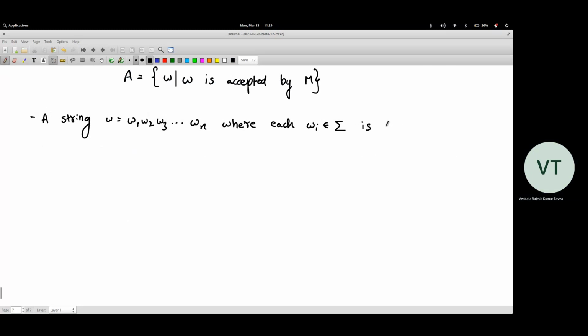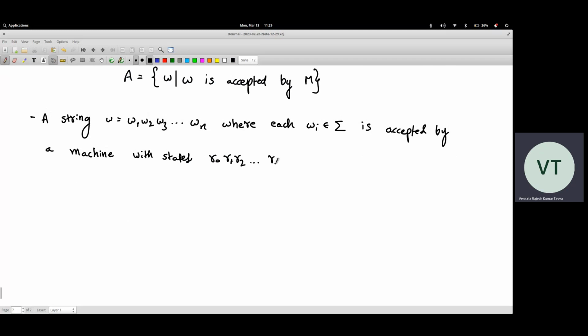Such a string omega is accepted by a machine with states R0, R1, R2 and so on up to Rn, under the following three conditions.